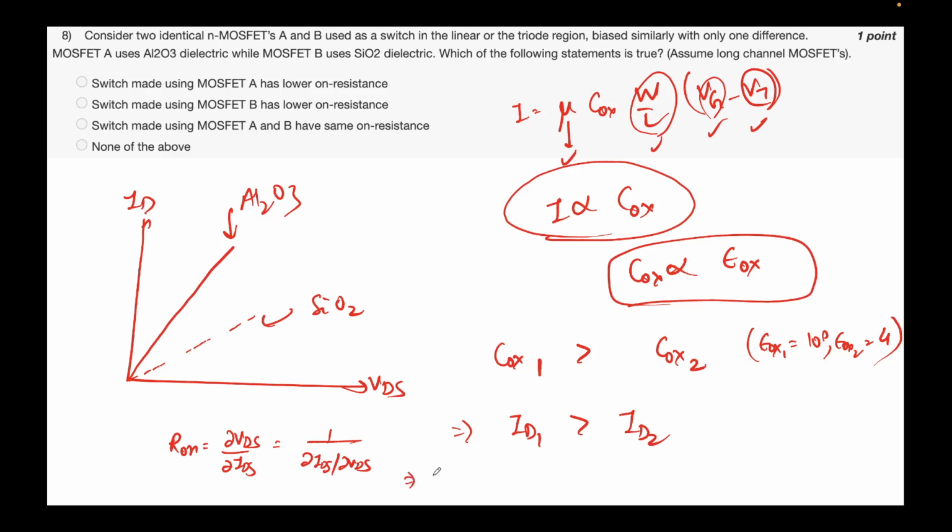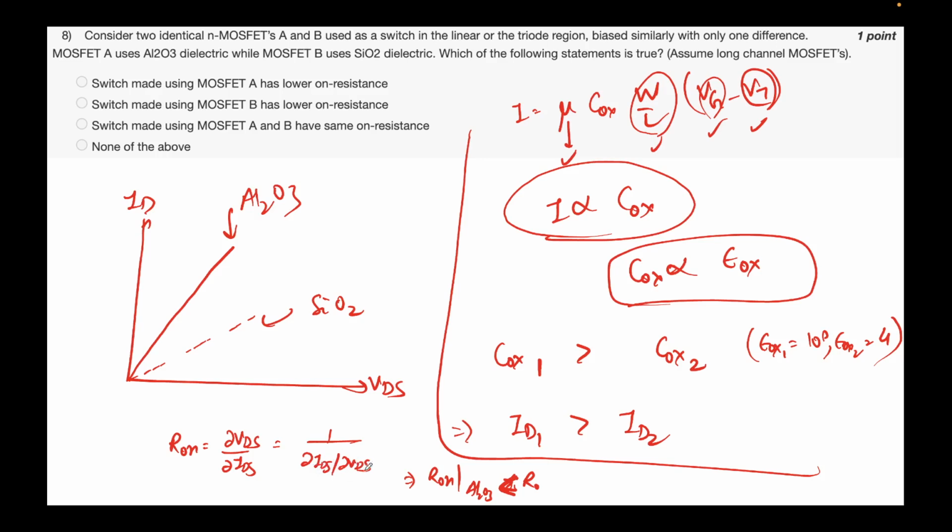So this will give me R on for Al2O3. This will be less than, because the slope is greater, so the R on value will be smaller.